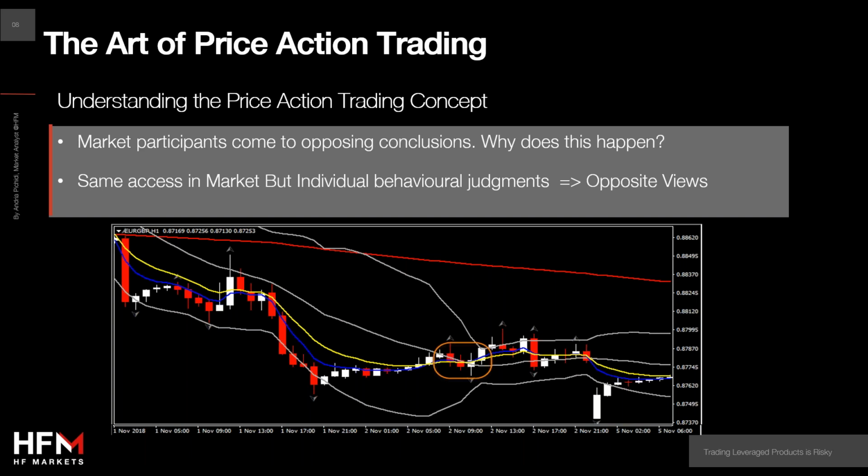For example, this is not price action, but I just want to make you understand the price action trading concept, that's why I put this example on. Let's assume that we have this Euro Pound over here, 1 hour chart. The person that uses this setup is using a 15 moving average and a 20 moving average, and you can see that they cross each other.